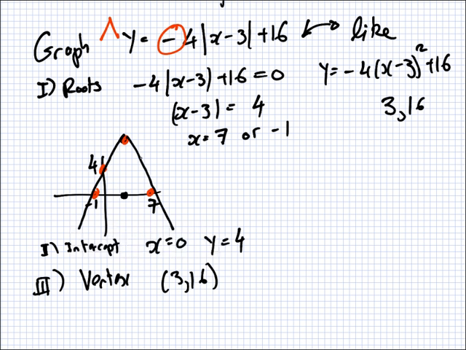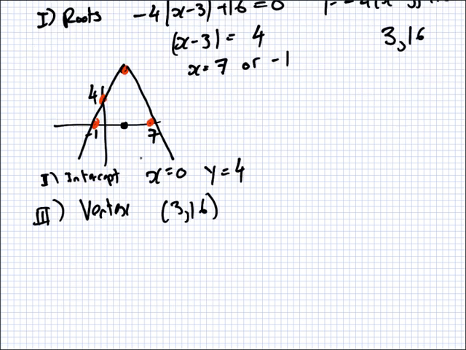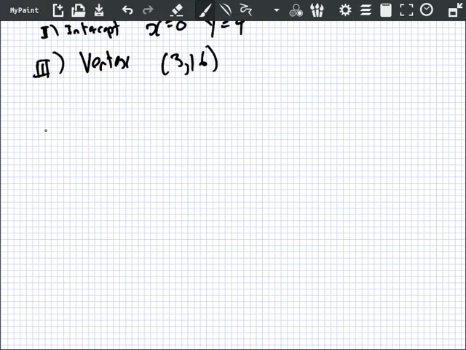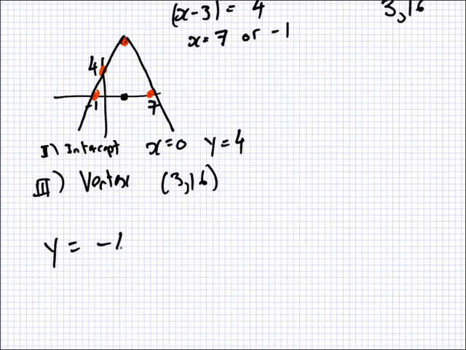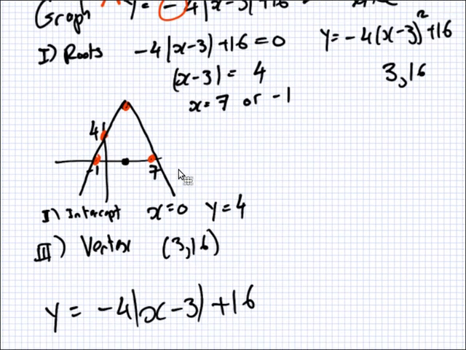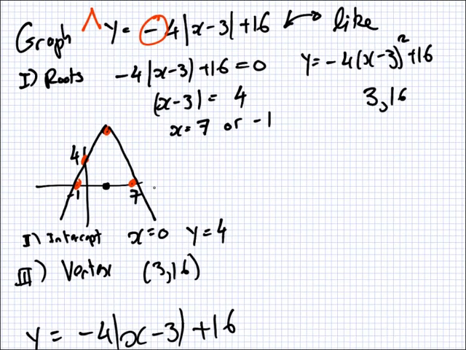Okay? But I said there's 2 ways to draw this. So let me show you the second way. Can I scroll down? Okay, so the second way, we'll keep it the same one. What was it? Y equals minus 4 modulus x minus 3 plus 16. Do you want to write this down, Ben?